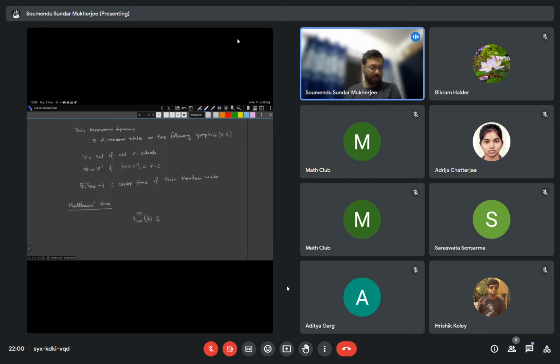then the Matthews theorem shows that the cover time is this harmonic number. Here V is the number of vertices in your graph, times the maximum hitting time of two states.